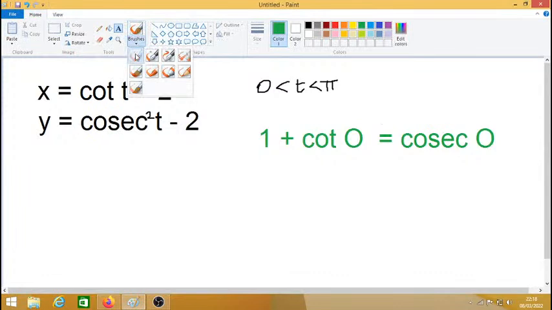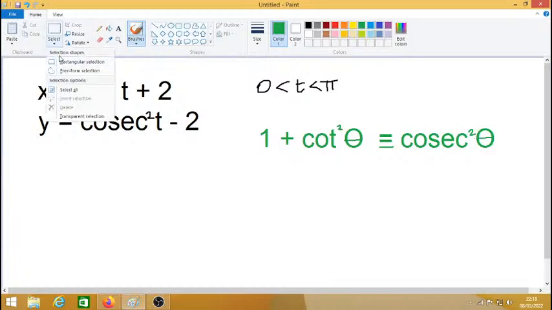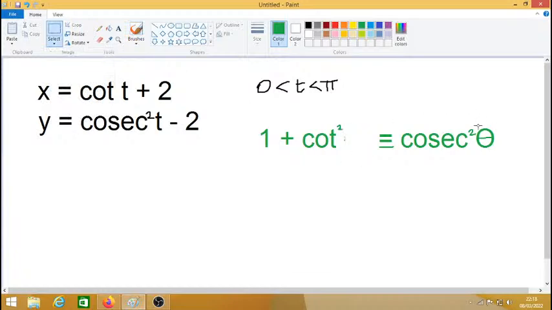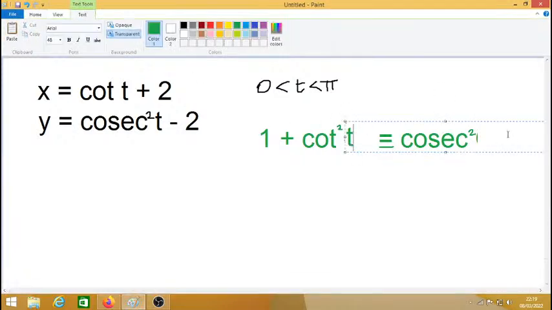So let me write that properly now. 1 plus cotangent squared theta is identical to cosec squared theta. And here we're dealing with t, not theta, so let's replace the theta and let's get t there. And then see if you can figure out a way of using this to be able to figure out the y and x equation.